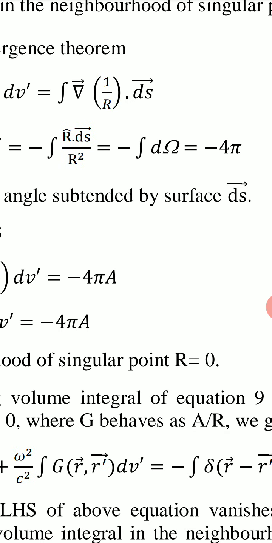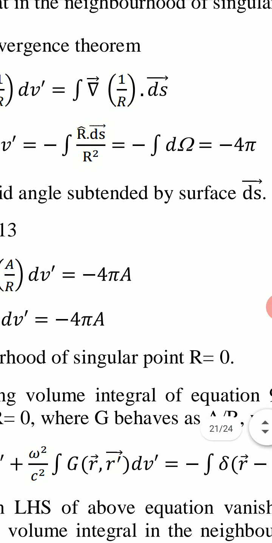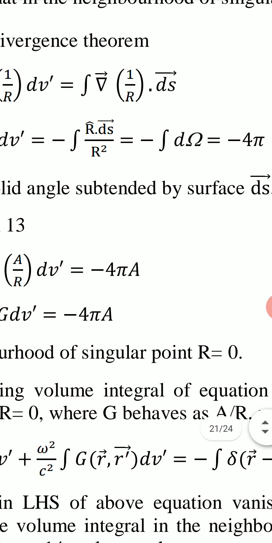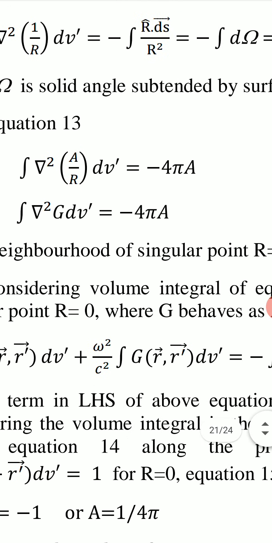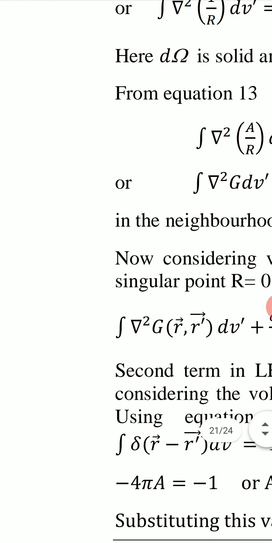Integral is for closed curve enclosing this volume v dash. So integral d omega, total solid angle subtended by closed curve, will be equal to 4 pi. So right hand side becomes equal to minus 4 pi. Here d omega is solid angle subtended by surface ds.